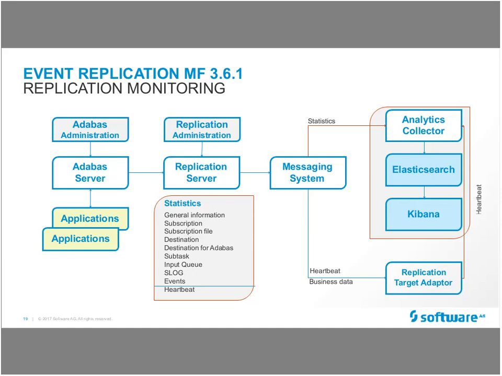So we have general information for subscription, for destinations, subtasks, input queue when you do node-to-node replication, information about slog, very important. We have events, which you already saw, and we have what we call heartbeat. And if you go then more to the right side, now we are at the LUW side, we have a messaging system.